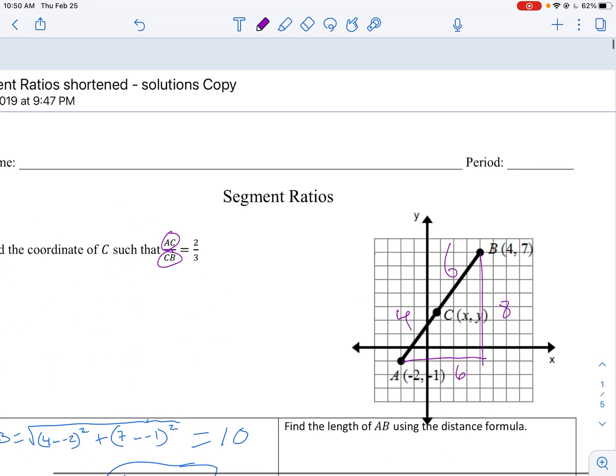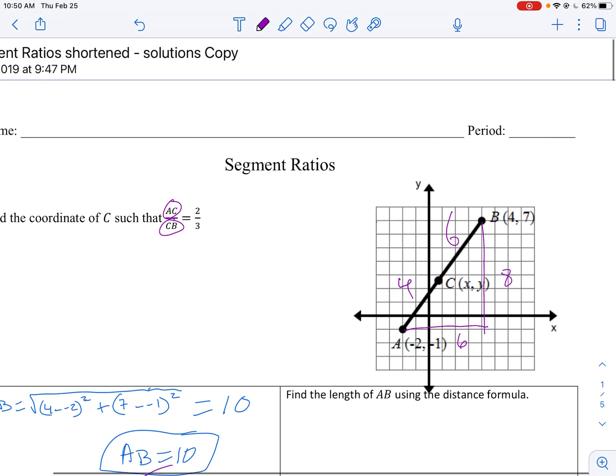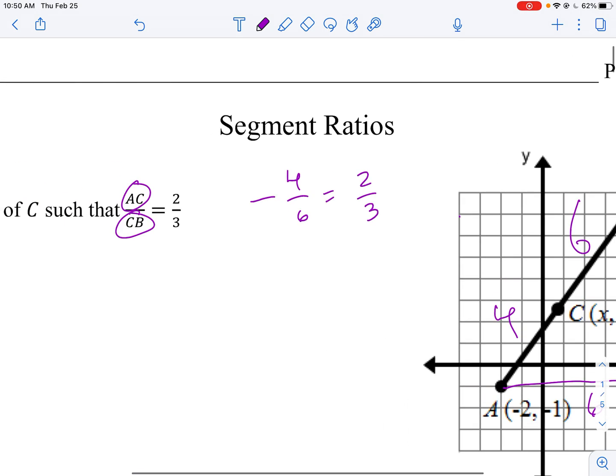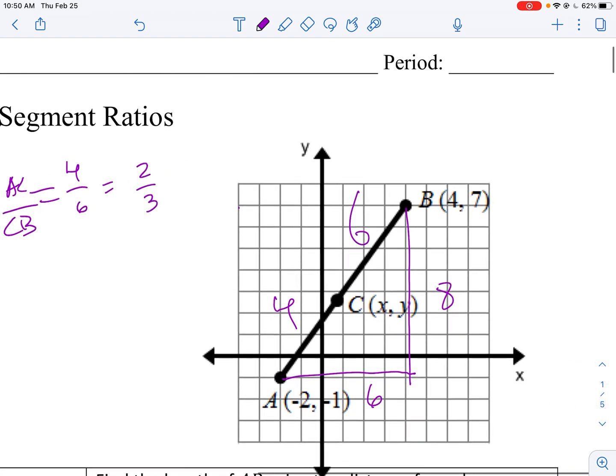So we did all that work, and now we have that this part is 6, this part is 4, and that ratio does come out to be 2/3, right? Because 4 to 6 reduces to 2/3, which is the distance from A to C over the distance from C to B. Okay, awesome.